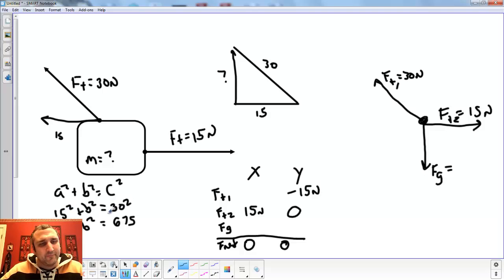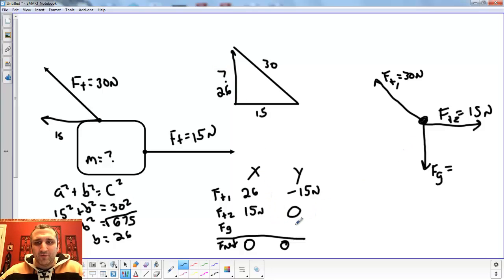So you subtract 225 from both sides, you get 675. Square root of 675 is going to give you b, which is 26. So now I know that the tension, which is 30 newtons this way, is 15 newtons in the x, negative, and 26 newtons in the y, positive.